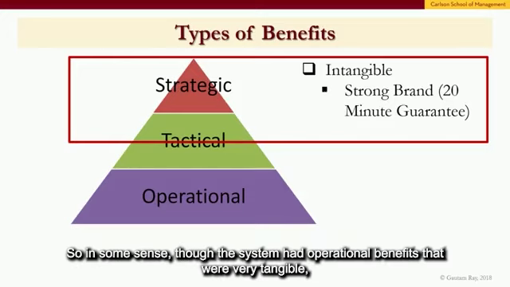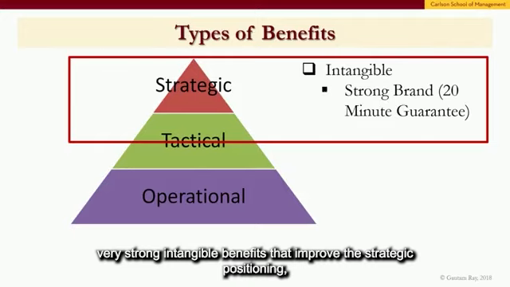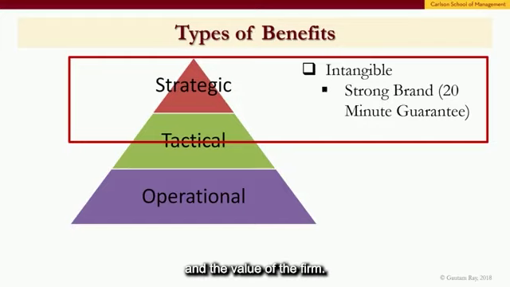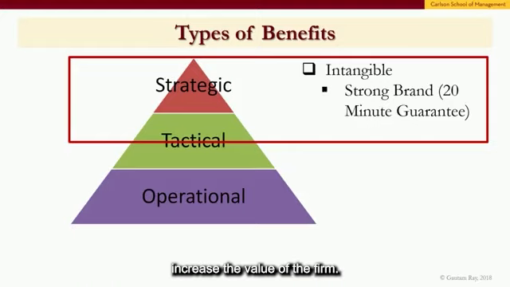So, in some sense, though the system had operational benefits that were very tangible, the system also had very strong intangible benefits that improve the strategic positioning and the value of the firm. So, in some sense, the proposed dynamic synchronization system increased the value of the firm.